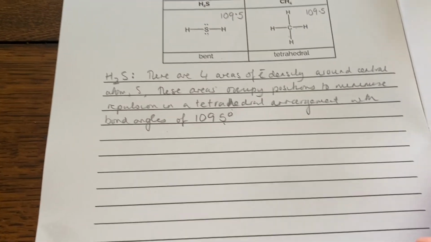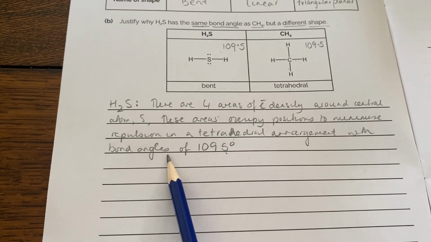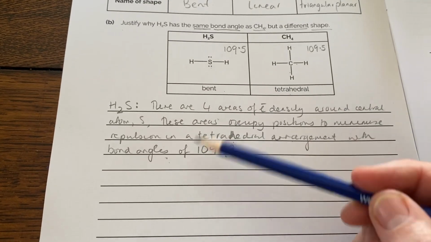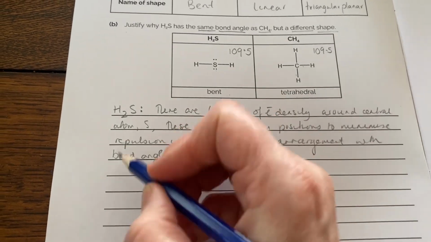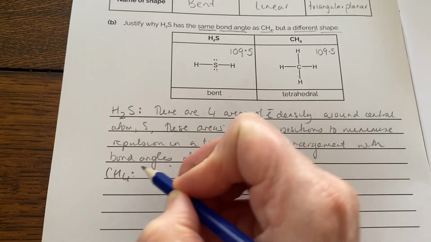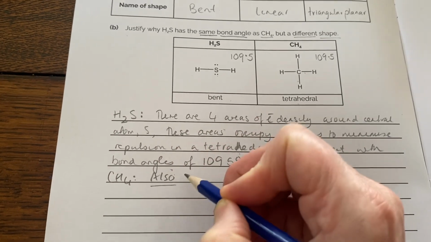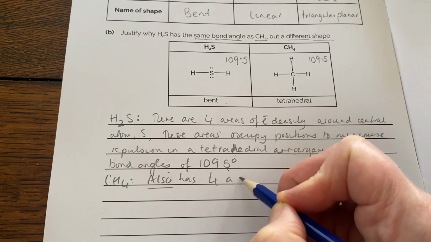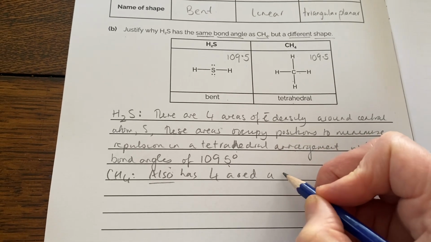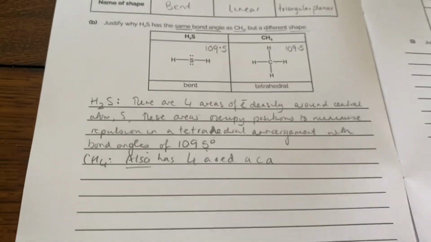So what I'm going to do now is I'm going to actually switch to CH4 so I can do a direct comparison here. CH4 also has 4 areas of electron density around the central atom. I'm just going to abbreviate that in this video.